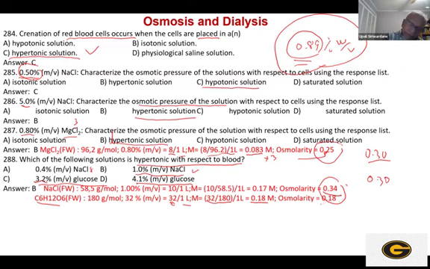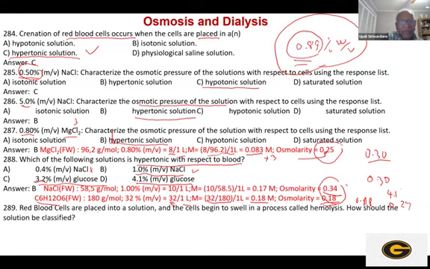Osmolarity is same as molarity because there's no breaking up in the solution. Therefore, this 0.18 is a low value. Even if you calculate for 4.1 solution, you get 2.7 something. Therefore, still lower. Hypertonic solution is B.